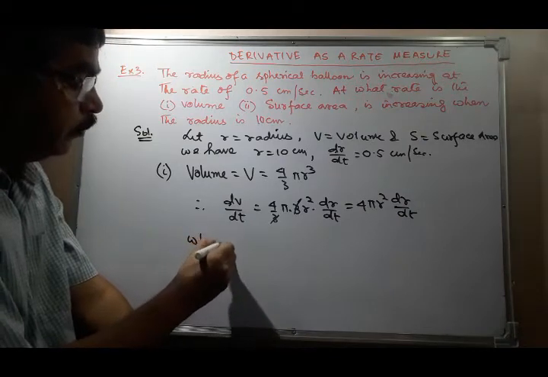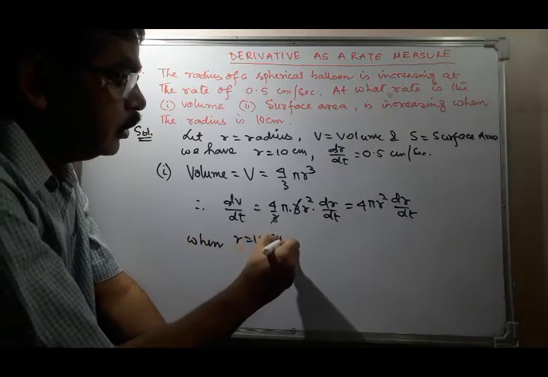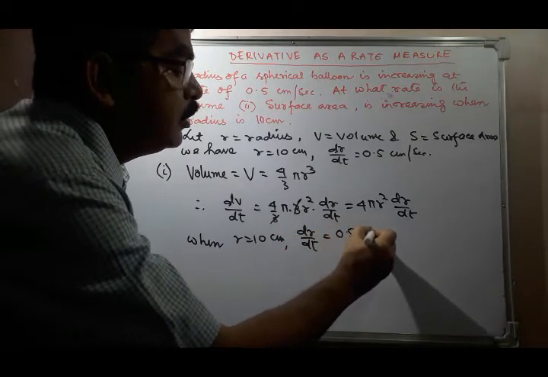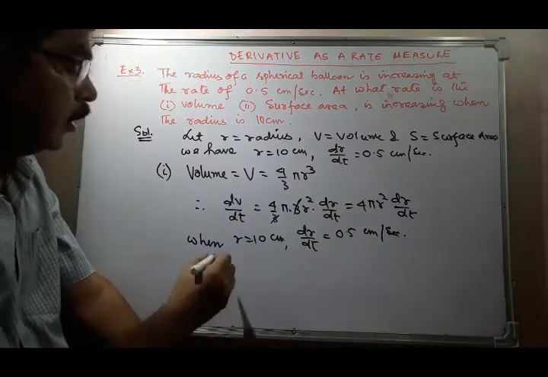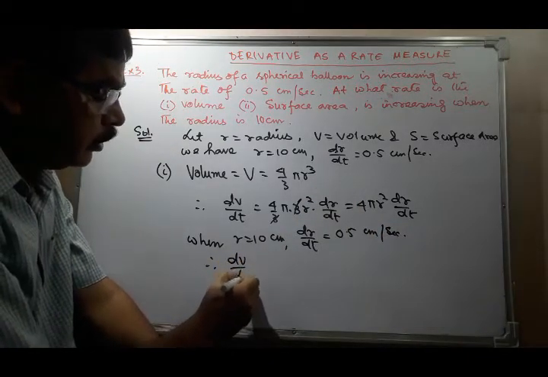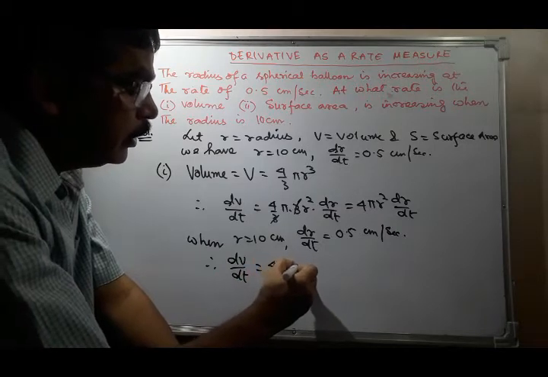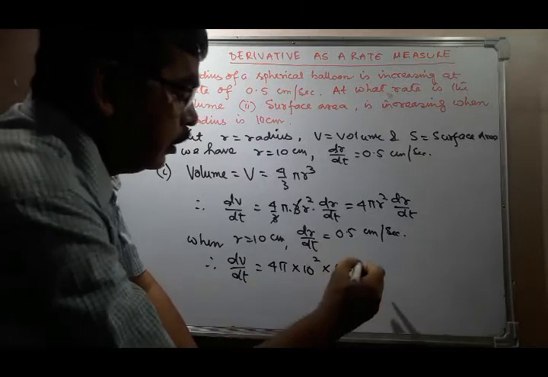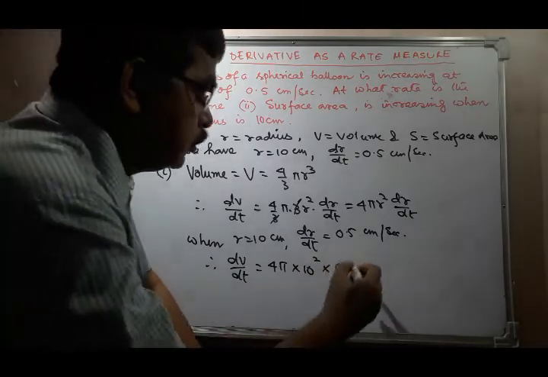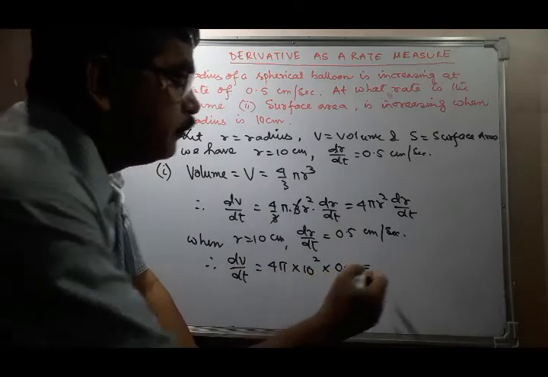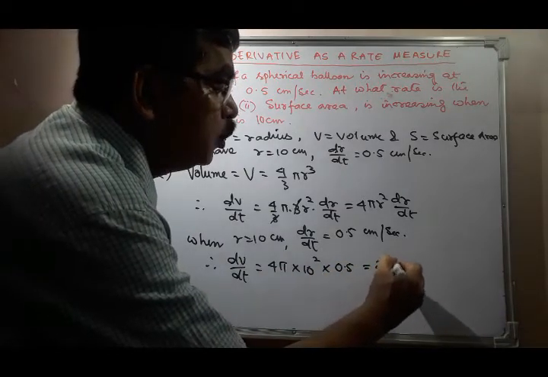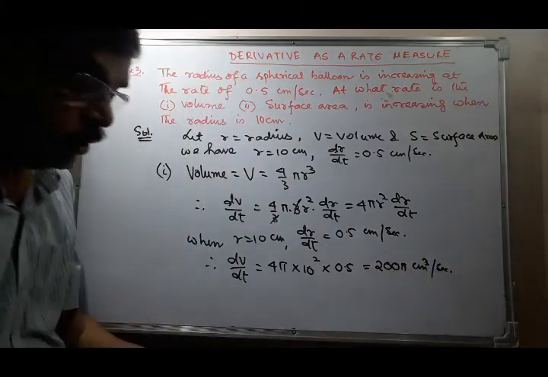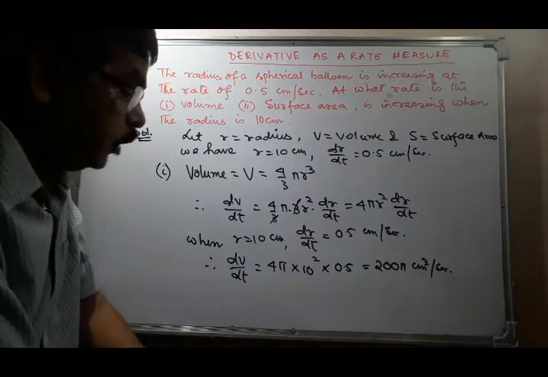When r equal to 10 centimeter, we have dr by dt equal to 0.5 centimeter per second. Therefore dV by dt, how much will we get? That is 4 pi into 10 square into 0.5. So we'll get equal to 200 pi centimeter cube per second. Going to the second part.